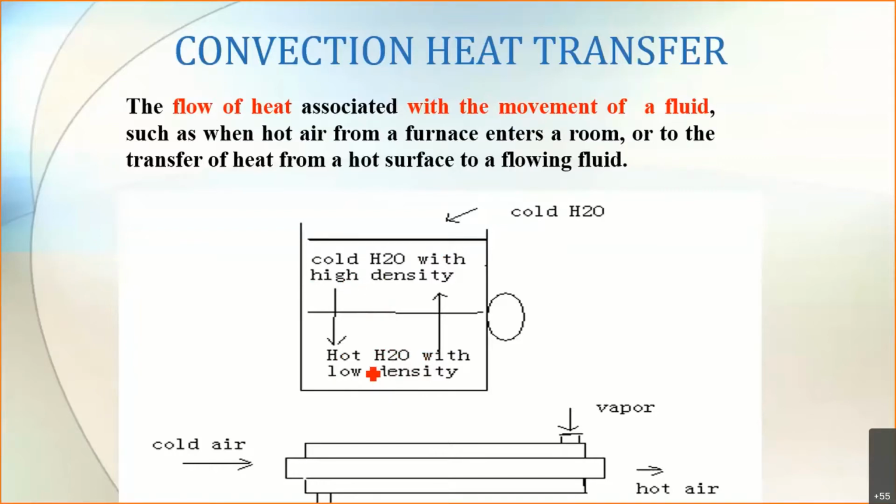Whenever you are supplying heat to the water, it will become hot and less dense, so it will move up. The water on the top, which is cold and has a higher density, will move down. This process will be in a circle. The second example is when you have cold air and a vapor going in the other direction, so the cold air will become hot air and the vapor will become cold vapor. This is basically the definition of convection.